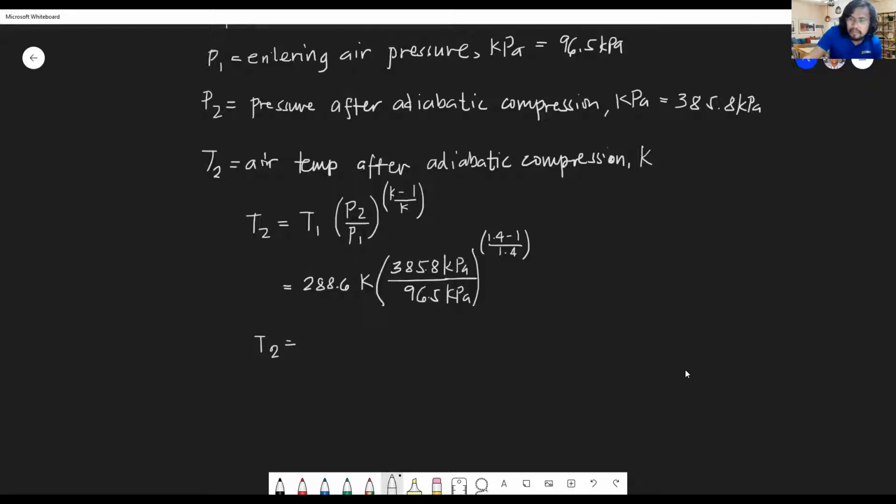This is 1.48 something times 288.6. Is this correct? Oh yeah, it's correct. 428.8 Kelvin. Okay, so T2 now is 428.8 Kelvin.